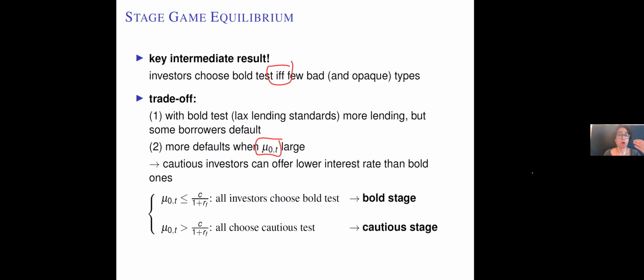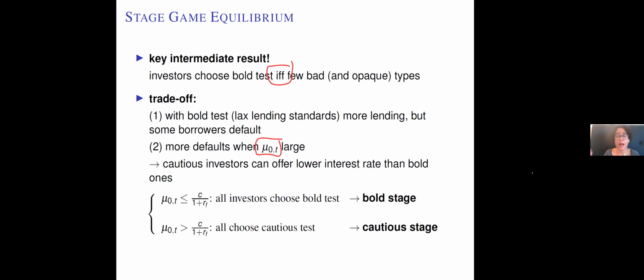That affects the rate at which every entrepreneur has to be financed. So conscious investors can offer a lower interest rate than bold investors when the fraction of bad opaque entrepreneurs is high.